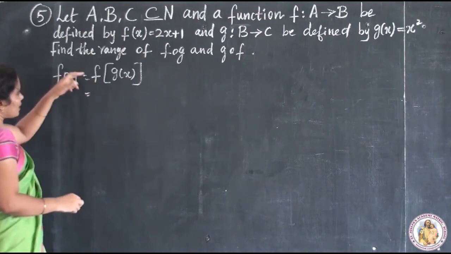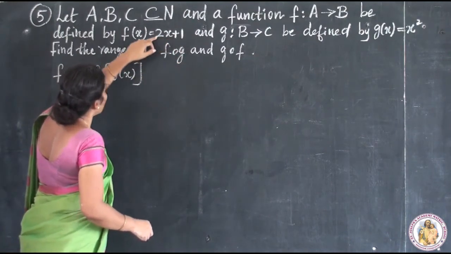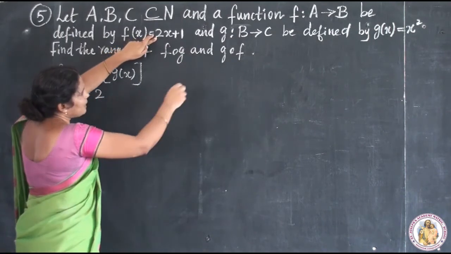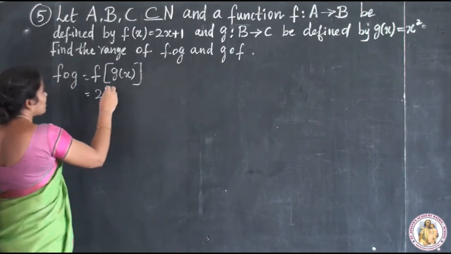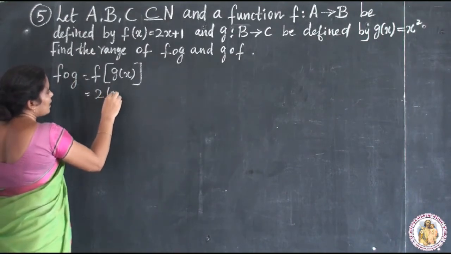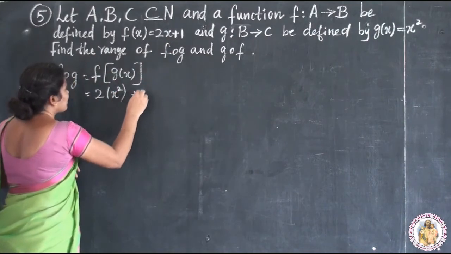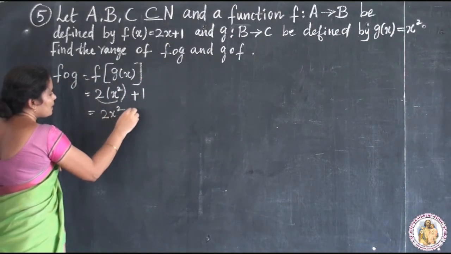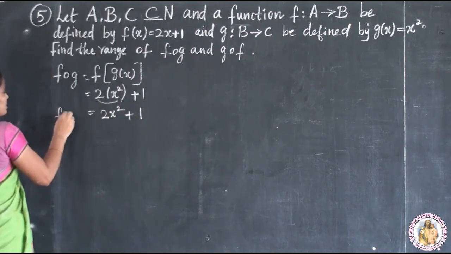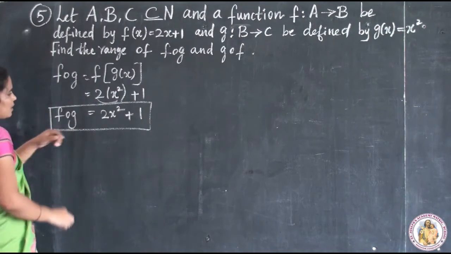What is given for f? 2x plus 1. So write 2 in the place of g of x. g of x is x square. So write x square plus 1. 2 into x square, 2x square plus 1. f of g is equal to 2x square plus 1.